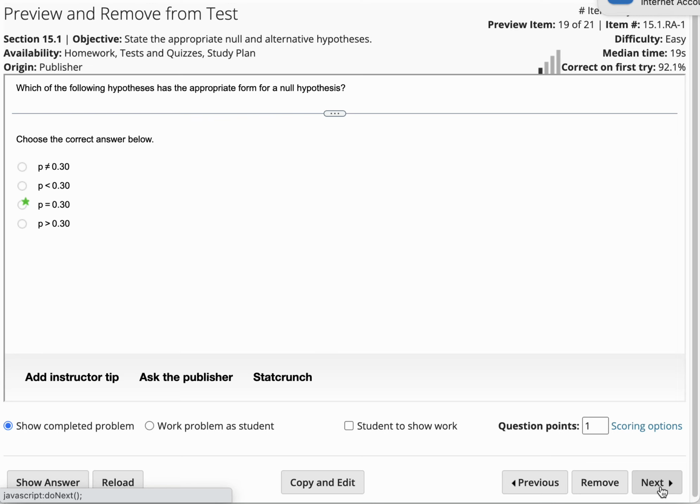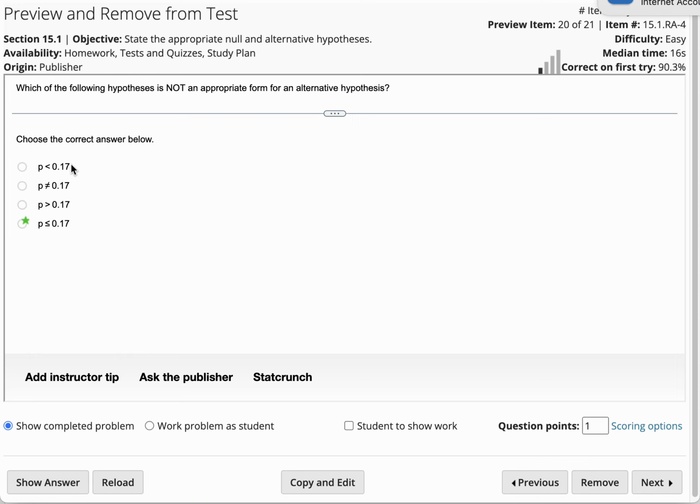What could be a null hypothesis? Not this, not this, not this. Why? Because the null hypothesis always has an equal sign. Which one is not a possible alternative?